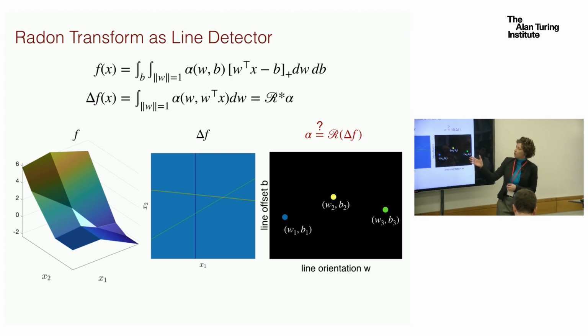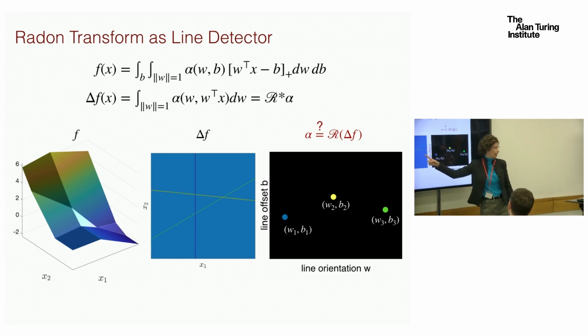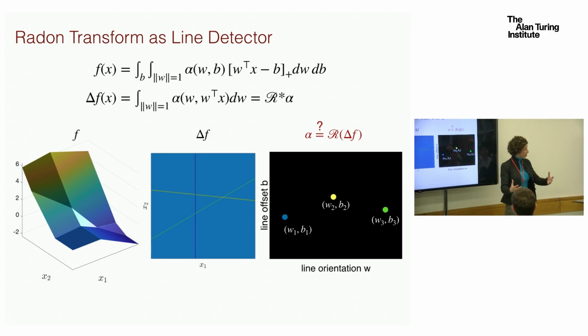So my Radon transform is going to have some big spikes in it, where each big spike corresponds to one of these lines, corresponding to the Laplacian of one of the different ReLU units in my function representation. Based on that, you might think, okay, then maybe this measure alpha that we're going after, that's going to tell us how networks are regularizing these functions, maybe I should think about it as the Radon transform of the Laplacian of f.